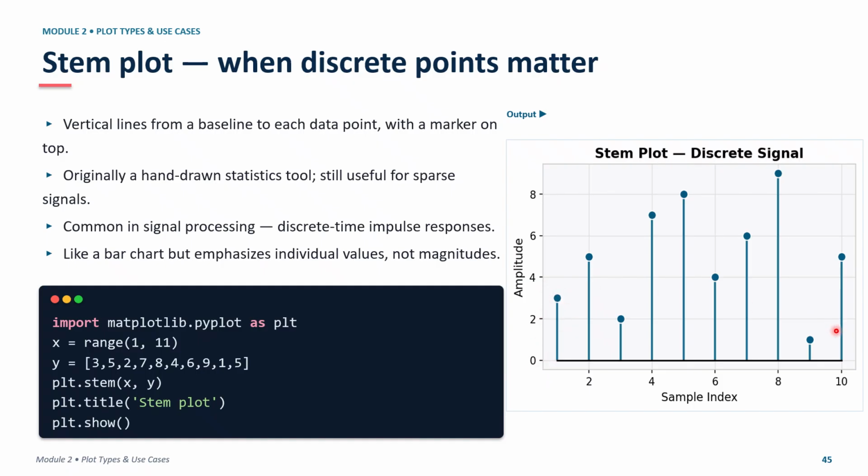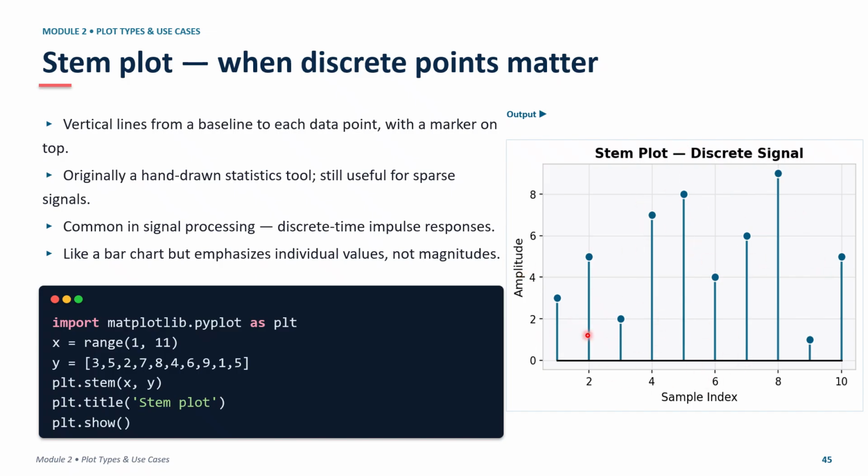Think of it like toothpicks standing upright on a surface, each one having a different height. Here you can see the stems with different heights. How does a stem plot differ from a bar chart?